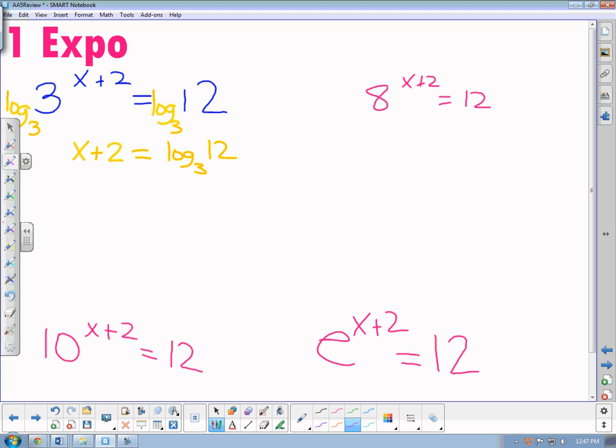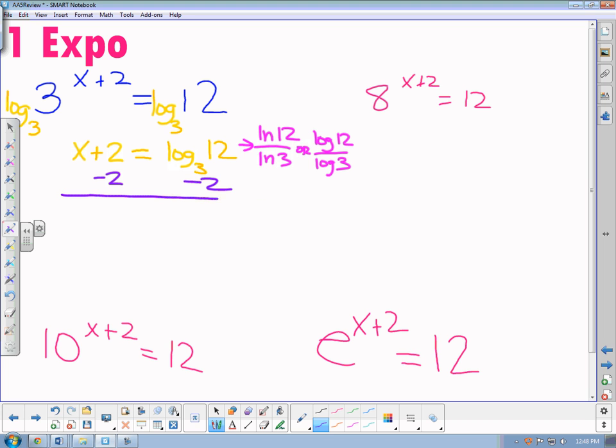By the change of base property, you can do ln of 12 divided by ln of 3, or log of 12 divided by log of 3. Then the last thing you have to do at this point is subtract 2 from both sides, and then you would get x equals approximately.